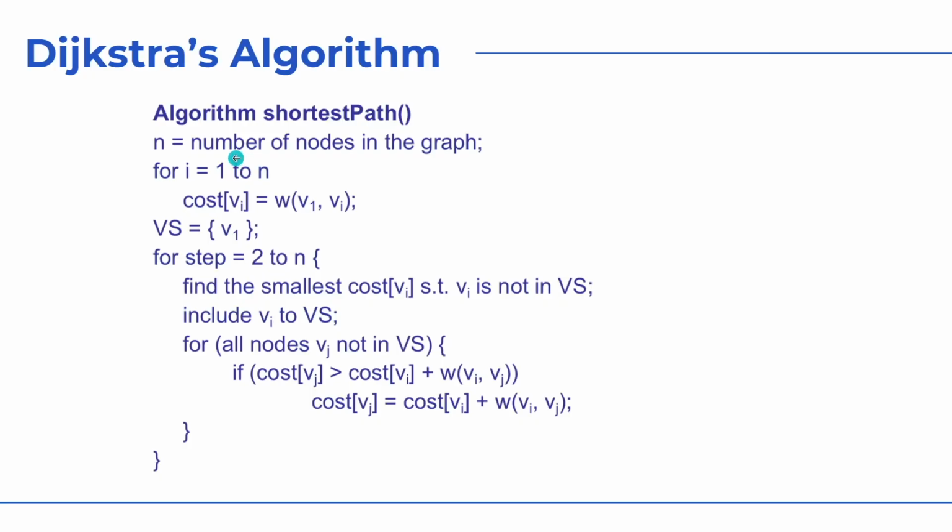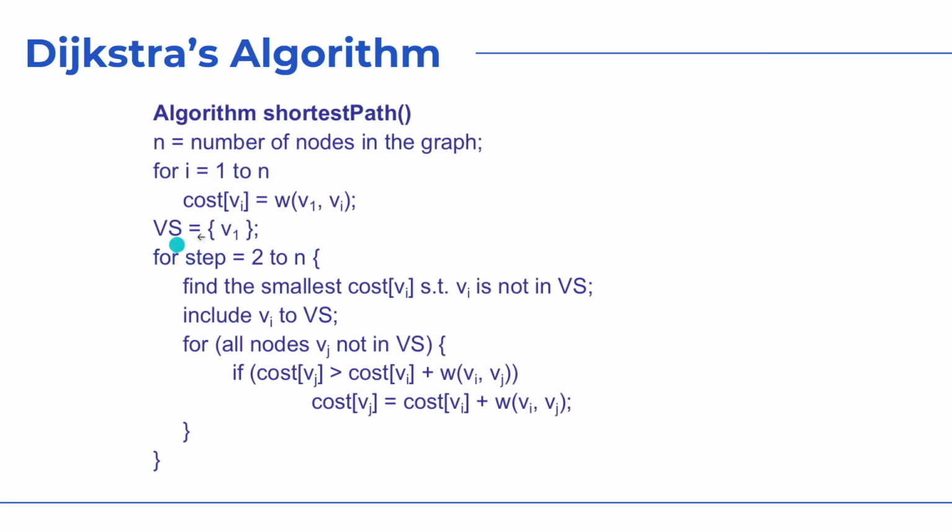The way we solve the example: initially we have a set of nodes in the graph, which we call n. For every node in that graph, we fetch its weight and put it in cost of Vi, which is the weight associated with every edge.